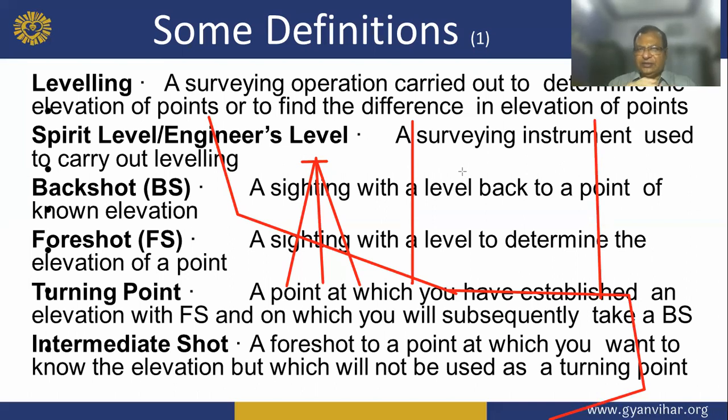So we relieve this person and set the machine here. A turning point is a point at which you have established elevation with a foresight on which you will subsequently take a BS. Intermediate, I have just explained.